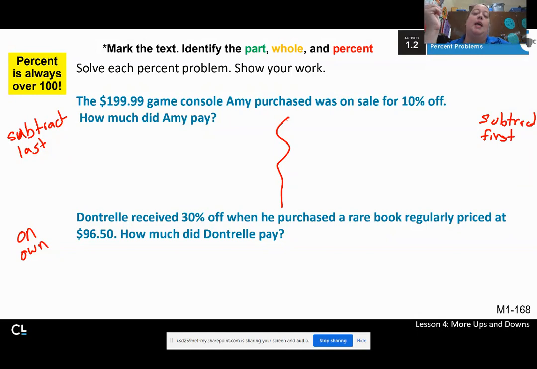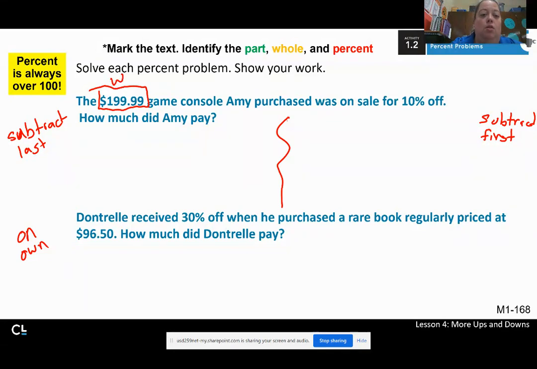So one thing to note is that when it says 10% off, that gives us a clue that we are, of course, going to subtract an amount. So let's go ahead and box some things. I have this number. Is that your part, your whole, or your percent? The $199.99 game console Amy purchased.